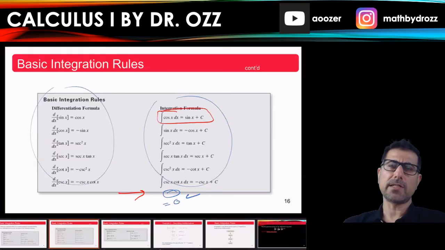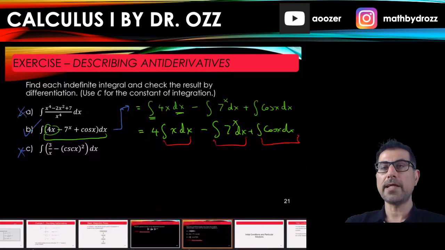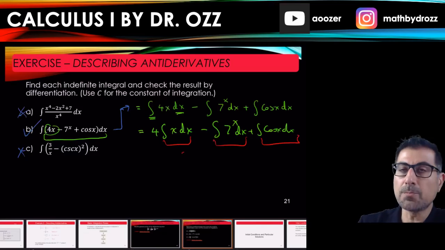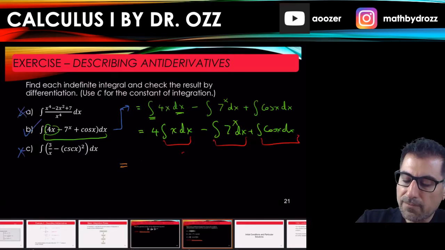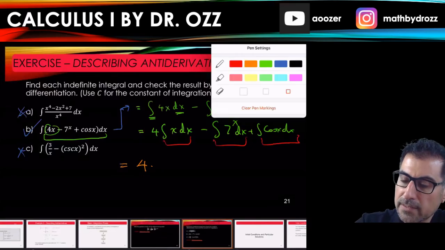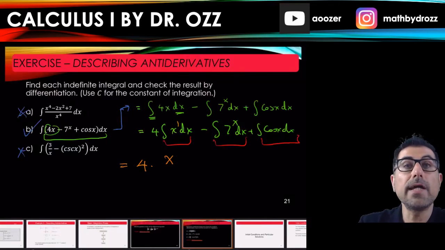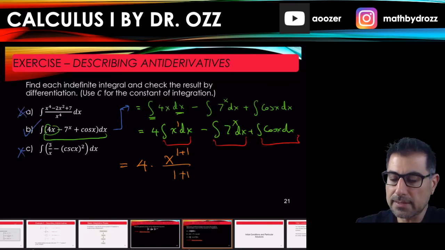For each of those integrations, you can put one arbitrary constant, but what we do in general and in practice is that we find one antiderivative for each candidate here, and then we add the integration constant at the end. So let's just use the power rule first, and I'll tell you about the integration constant at the end. We have 4 here, and then the power rule of integration says to add 1 to the exponent, which is already 1 here, and then divide by the new exponent, which is what we did in the previous slide as an example.